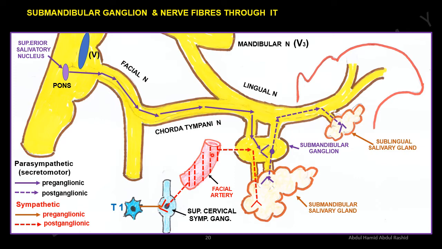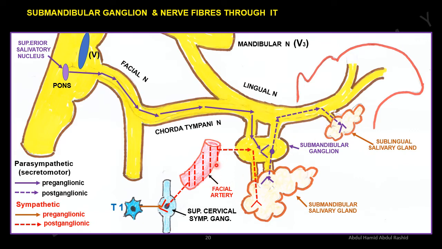The postganglionic sympathetic fibers, dotted arrows, enter the submandibular ganglion and then supply the submandibular salivary glands. Some postganglionic sympathetic fibers will come along this one and supply the sublingual salivary glands.